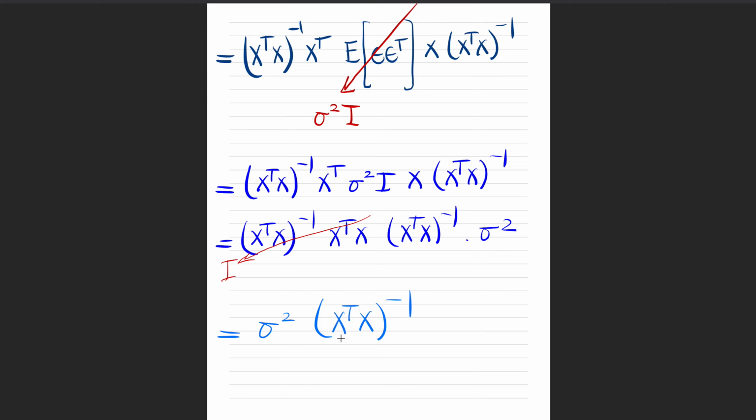And this is how confidence intervals and prediction intervals are calculated in linear regression. Everything that you saw comes from this math. This is the data modeling approach. Okay.